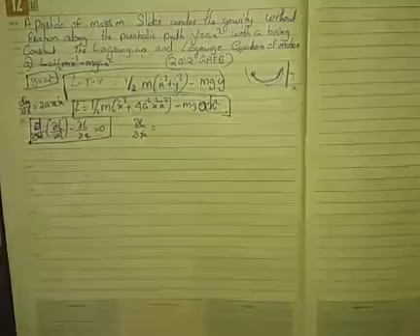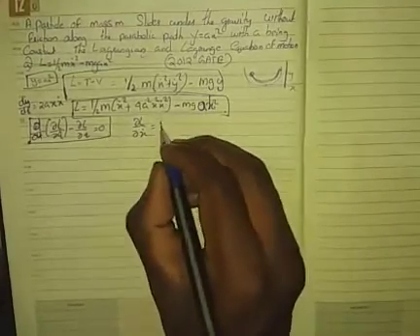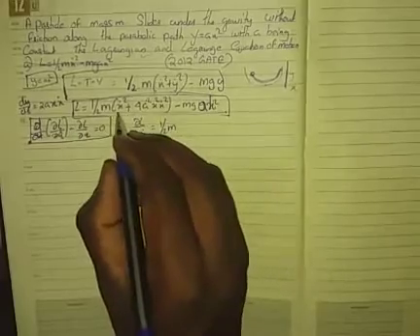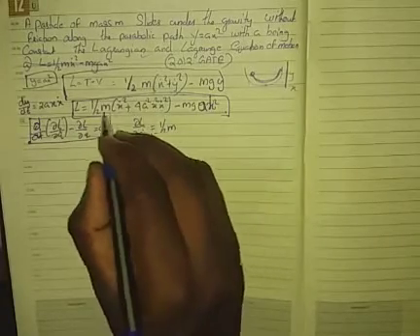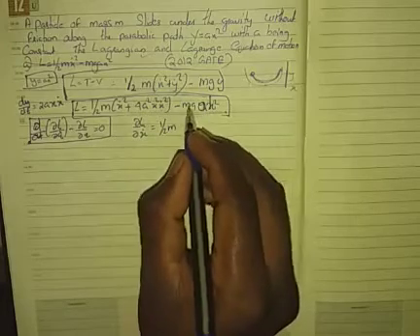We can write half m, and there is only x dot dependence here, so we take the derivative of this whole thing, and the potential term doesn't have any x dot dependence.